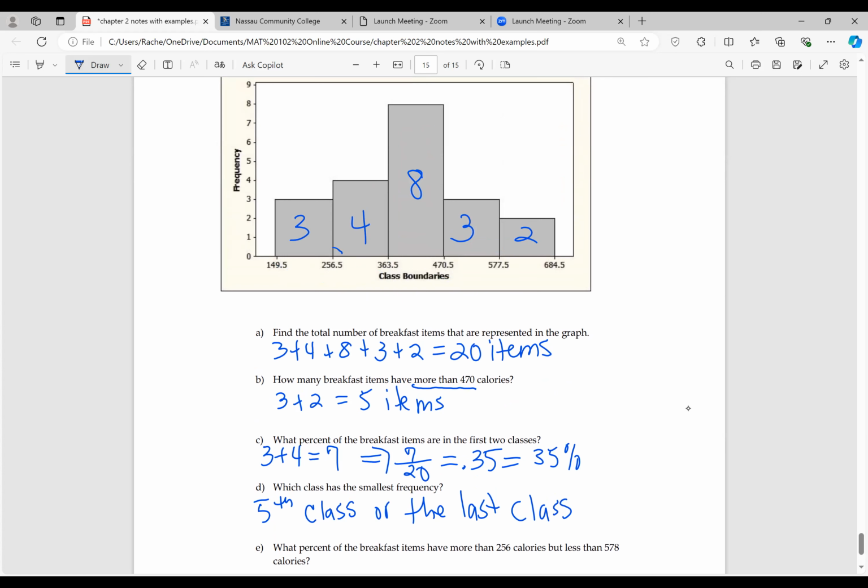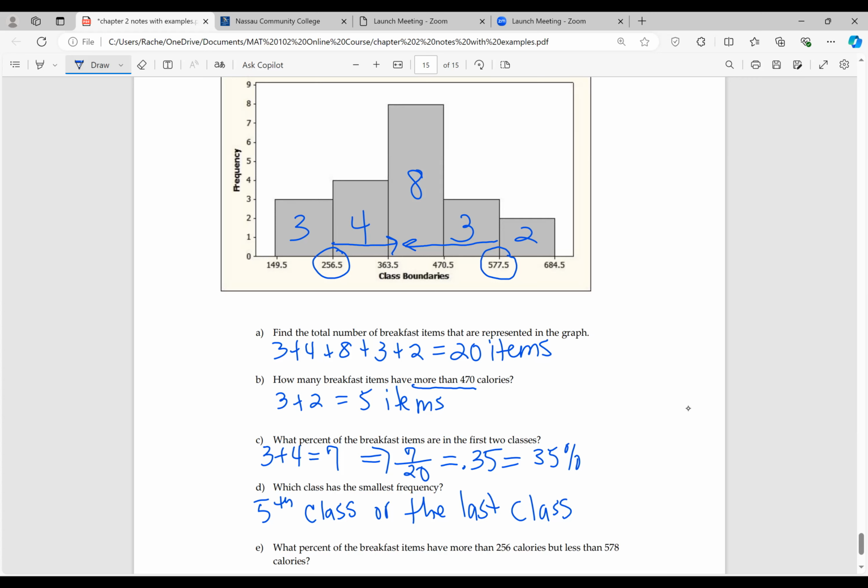So here's the class boundary for 256, and then 577.5 is going to be the class boundary for 578. So we want more than 256, but less than 578. So that's going to contain those three classes in the middle.